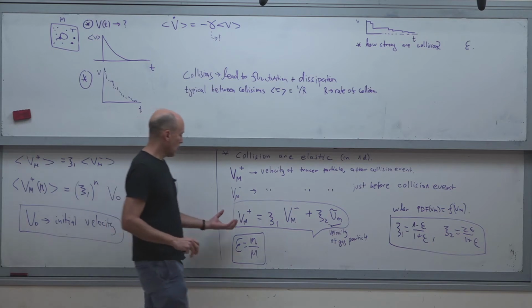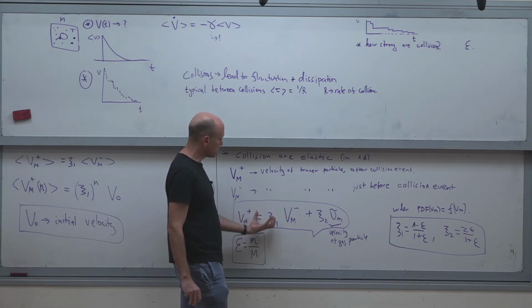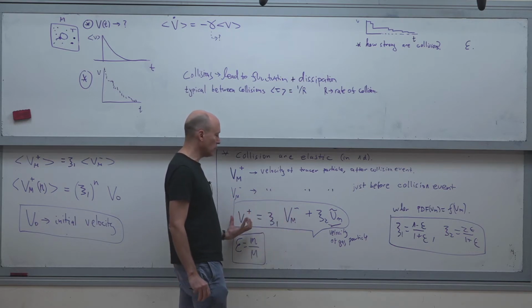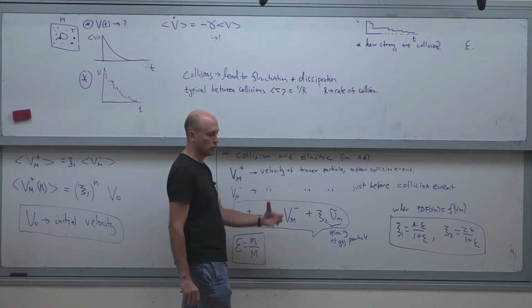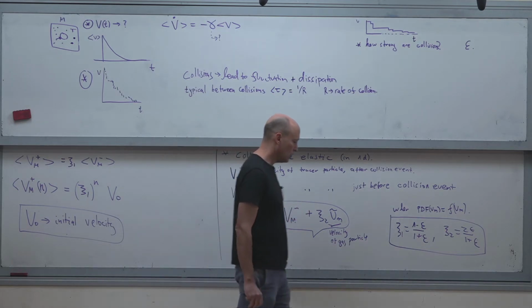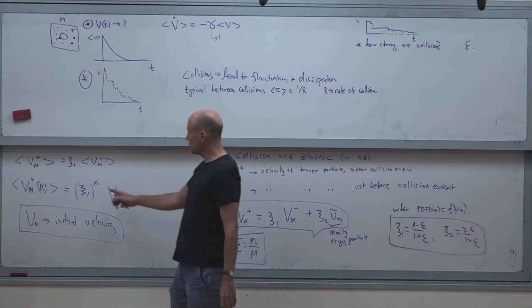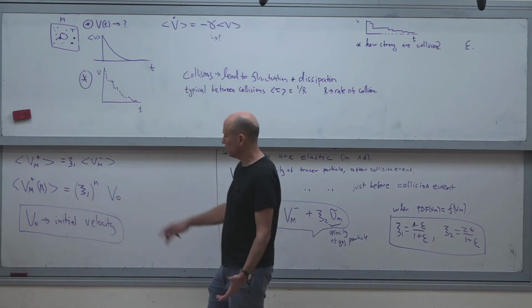Right? Because Vm after the first collision is psi times the initial velocity. Then after the second collision, you need to multiply it again by psi1, psi2, psi3, etc. If the number of collisions is 0, then this is going to be simply the initial velocity.